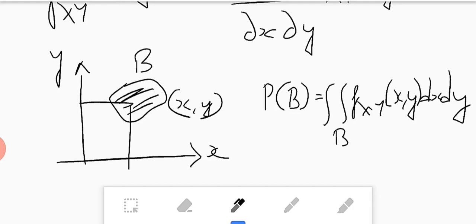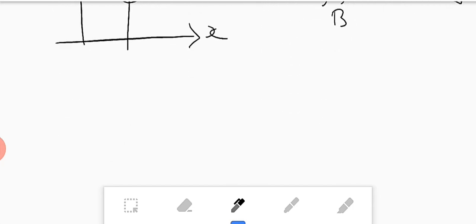Now let's move on to finding the conditional PDF using the joint PDF. For the single random variable case, you have already seen it. Let me first write down the single random variable case, so it will be easier to understand.